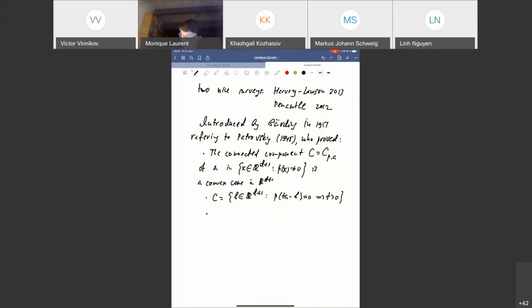And P was hyperbolic with respect to A. In fact, P is hyperbolic with respect to A prime for all A prime in C. So hyperbolicity persists within this C, and the C is called a hyperbolicity cone.